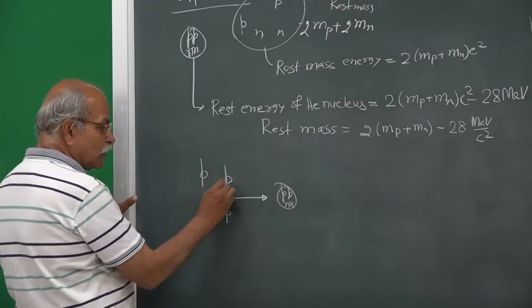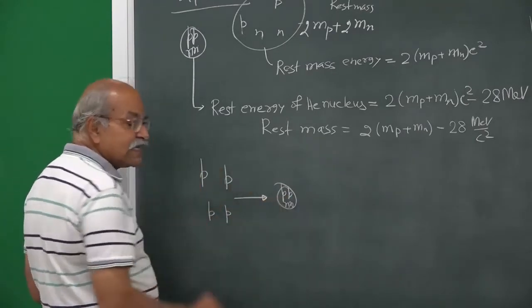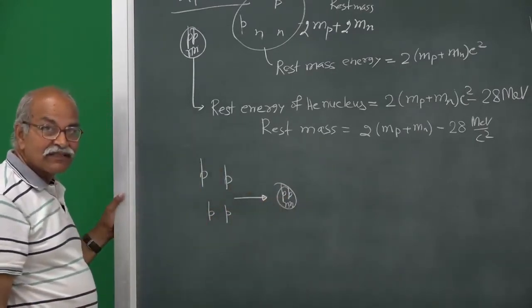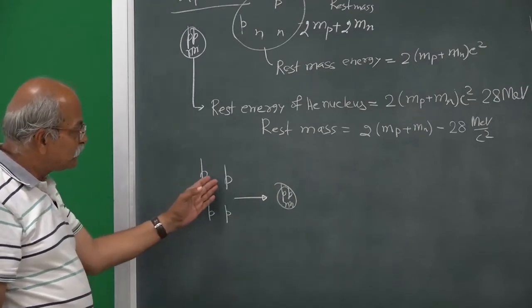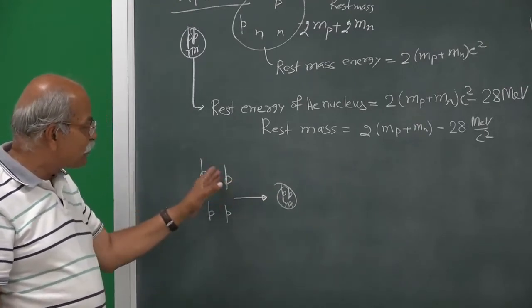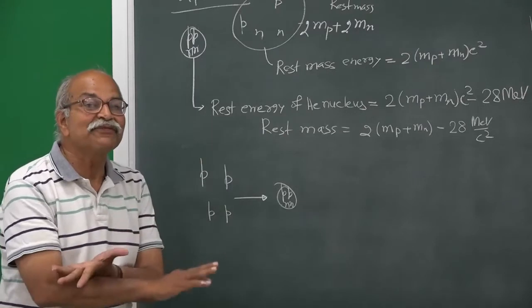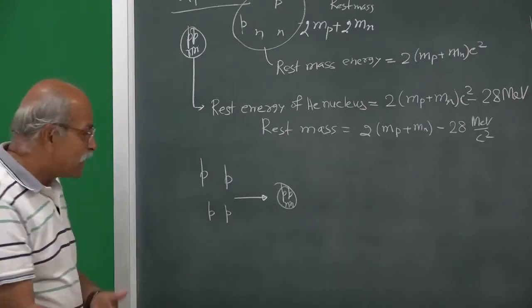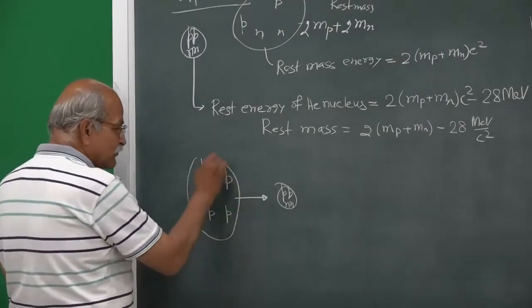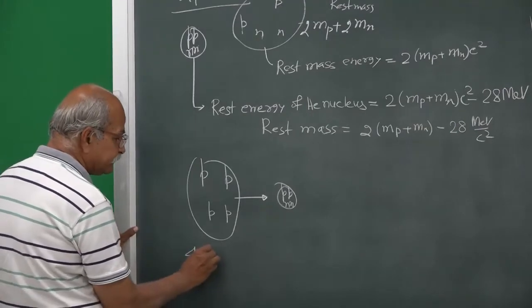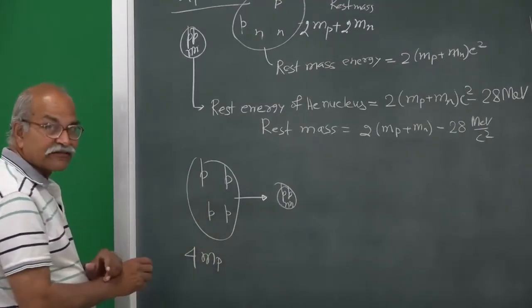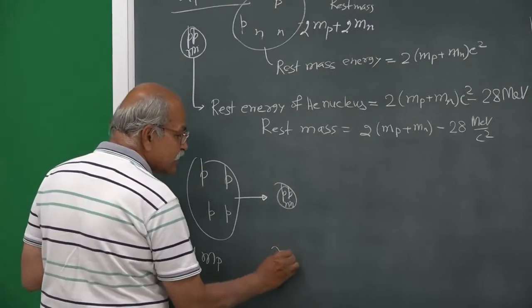So, from protons to helium nucleus, of course from proton you have to make neutrons also, and proton and neutron have slightly different rest masses, but still there is a rest mass here, 4 times mp, and a rest mass here.